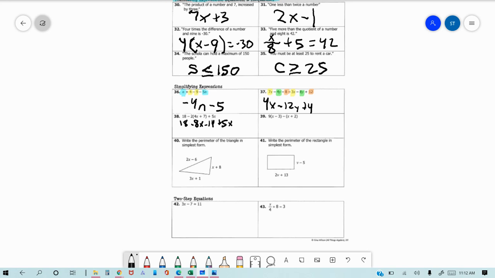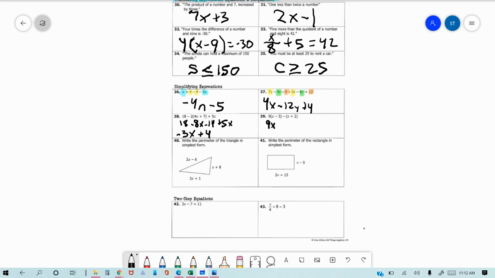So now we need to get our x's together. Negative 8x plus 5x is negative 3x. And 18 minus 14 is positive 4. So negative 3x plus 4. Okay? So your next one, you would take it and distribute.